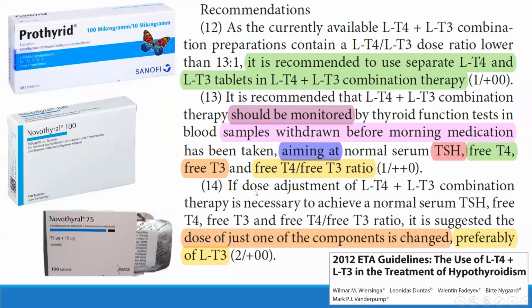And the most important point is how to adjust the dose: it is suggested that the dose of just one of the components is changed, preferably liothyronine. So for a non-pregnant female, if you give T4 and T3, you should follow TSH, free T4, free T3 and the ratio. And if you need to adjust the dosage, you need to adjust only T3, not T4.